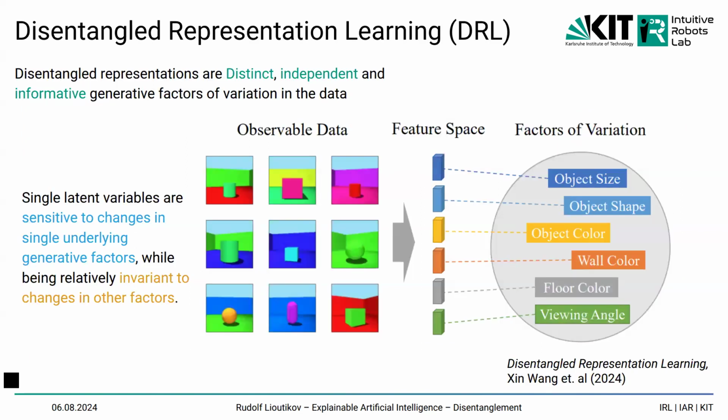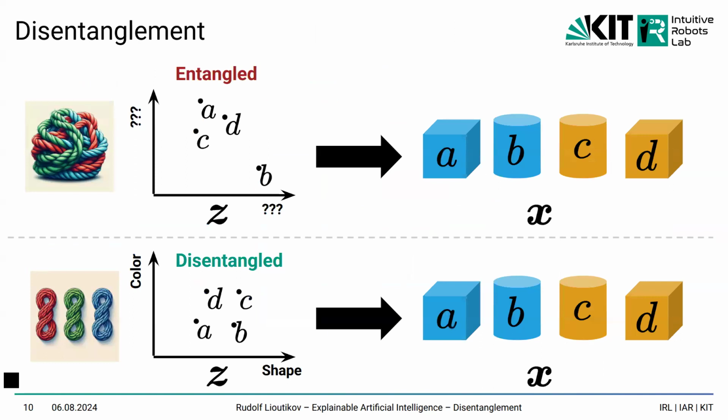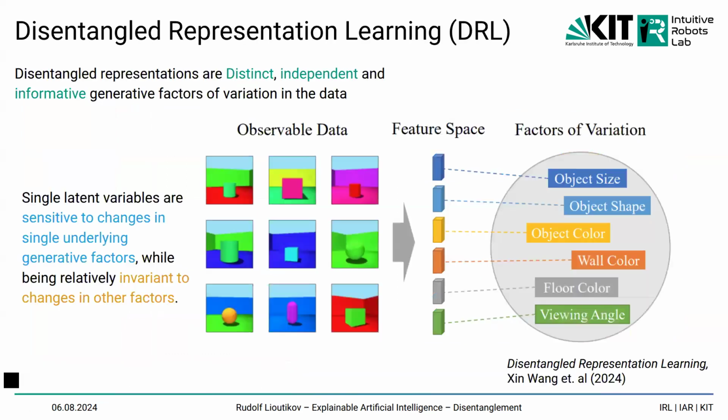Independent means that if I move along one of them, I still get something meaningful along the other. If I change shape, I can get squares in blue, and if I move it over, I get circles in blue, but the color itself is independent of the shape. So if we move the color on the different axes, we only change the color and leave the shape alone. Make sense? Excellent.